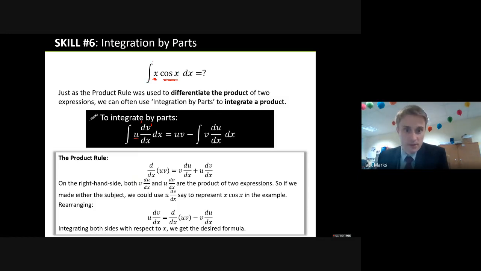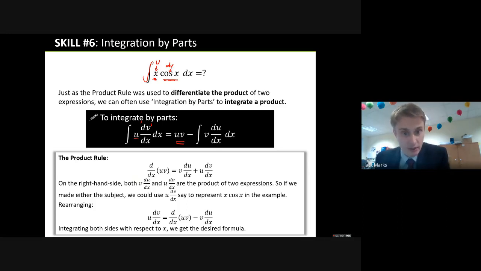So, for example, this one here, this would be my u part, and this would be my dv part. Notice x differentiates very easily, and cos integrates quite easily as well. The integral of all of this would be the same as uv. Notice uv is not being integrated or anything. You just have to multiply them together. You have to find what v is first of all.